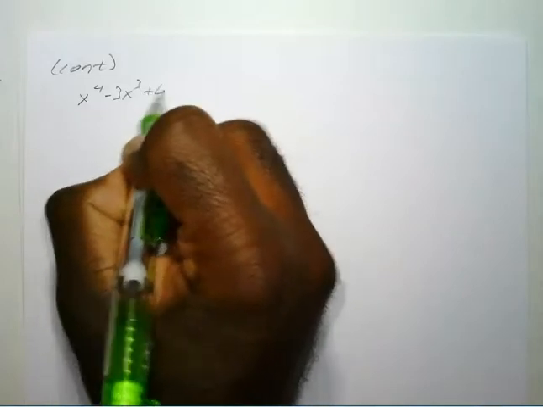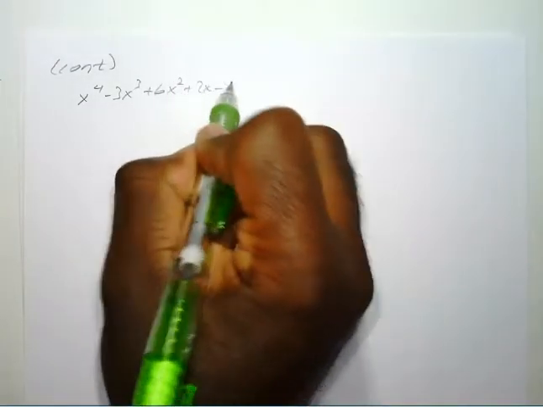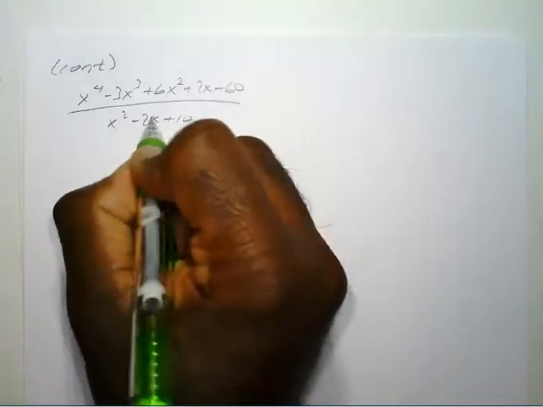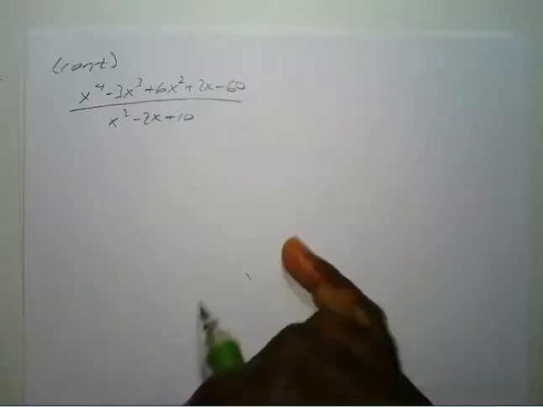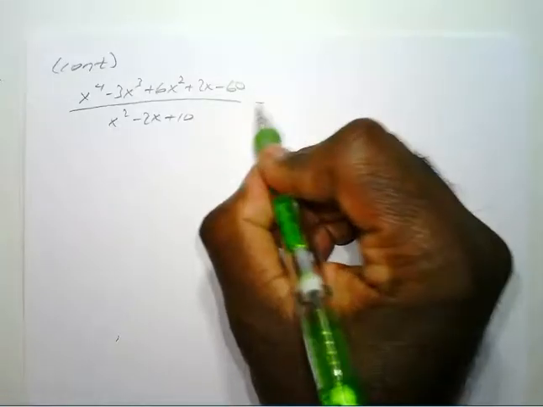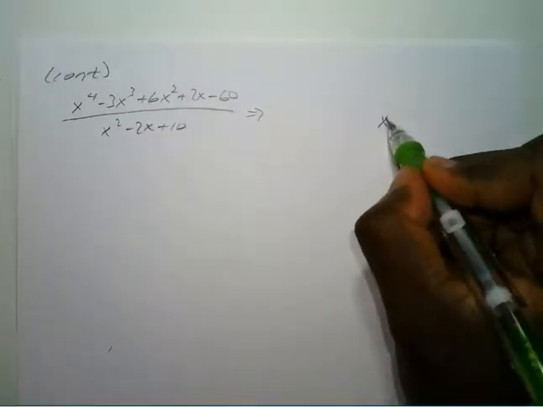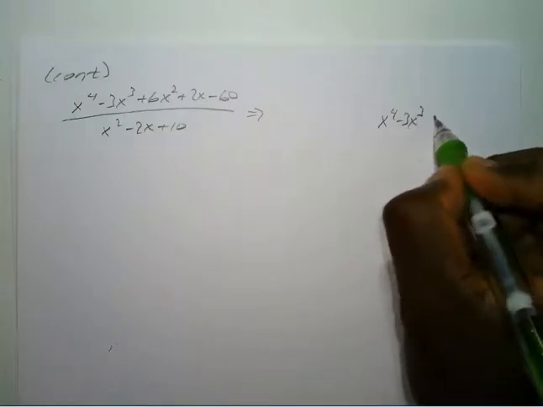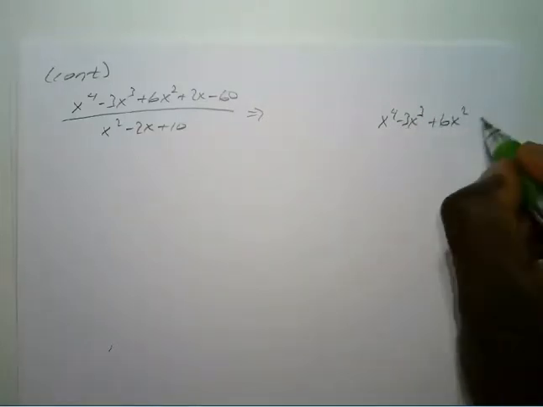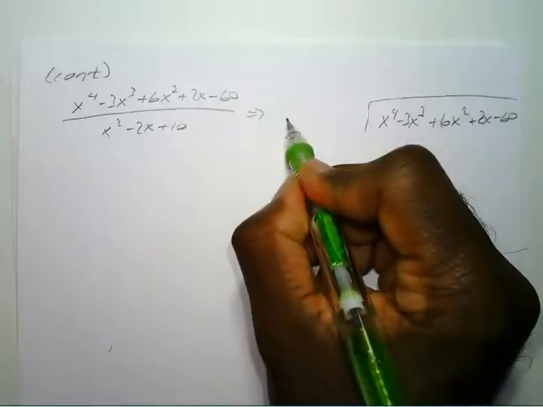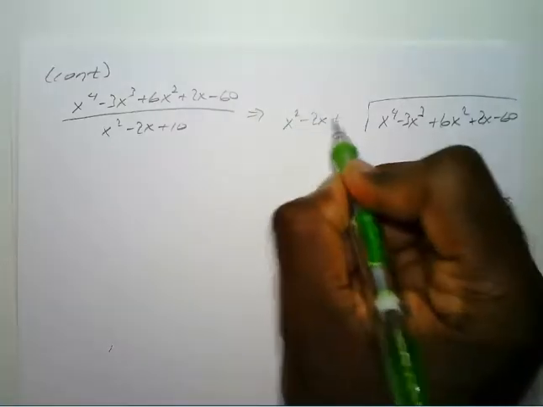Okay, so we have x to the fourth minus 3x to the third plus 6x squared plus 2x minus 60 divided by x squared minus 2x plus 10. That's where we left off on the previous page. So we're going to go ahead and rewrite it.